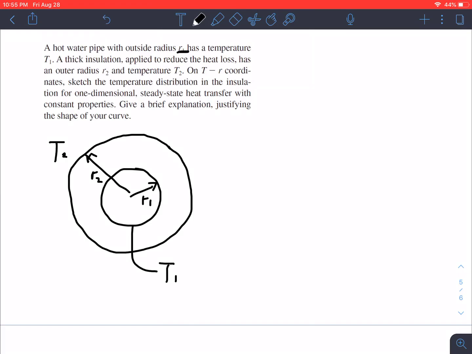So we are interested in simply the conduction through this insulating layer, and heat of course transfers out since it's hot water and you're trying to insulate it, you're fighting against the heat dissipation, right? So the heat goes out. The conduction heat goes out.